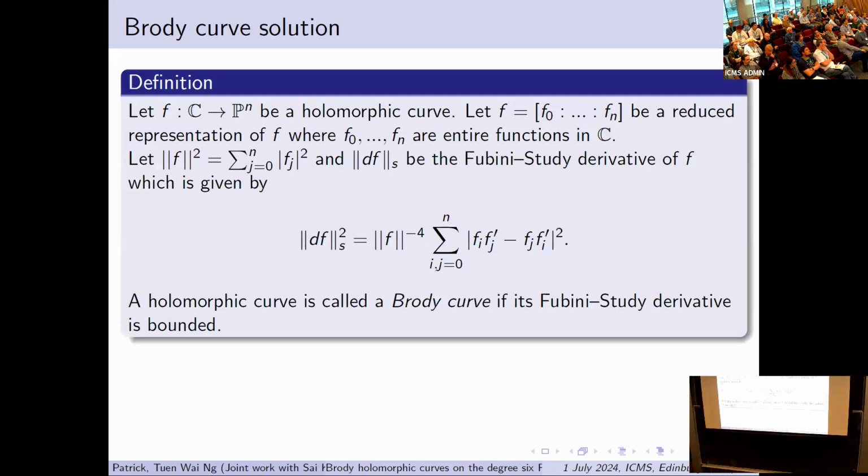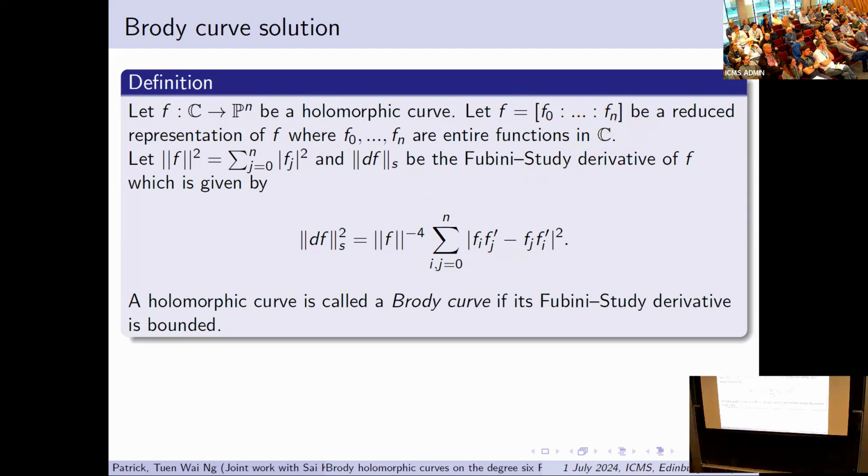So now I want to recall the definition of a Brody curve. It's a little bit different from what we have seen before. So let's look at a map F from C to Pn, and we represent it in this reduced representation, which means all the coordinates don't have common zeros.